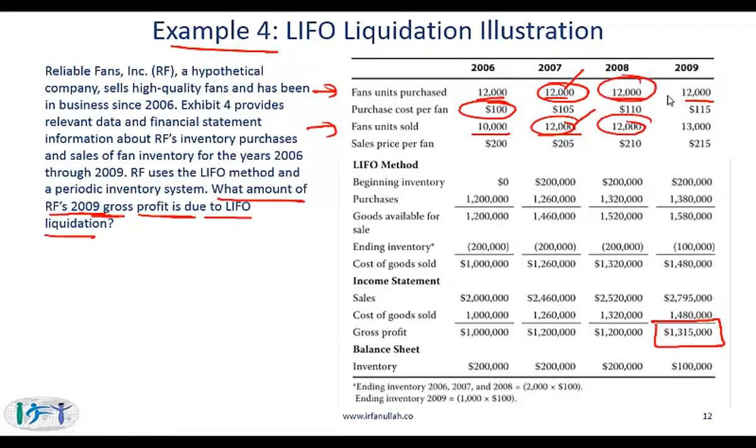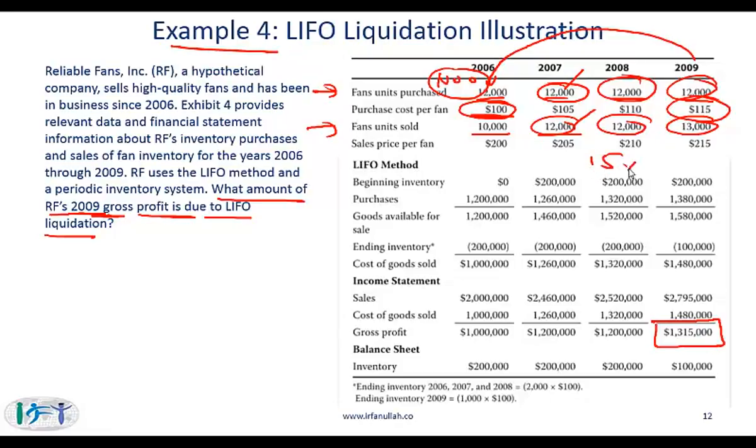But then in 2009, we purchase 12,000 and sell 13,000. So now you are going to dip into this inventory. So 1,000 are coming from inventory which was valued at 100. What is the current price of fans? The cost is 115. So the difference is 15.